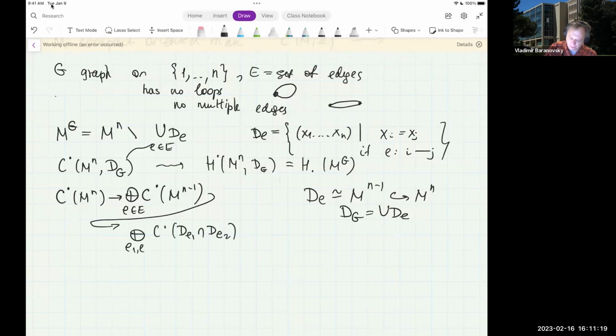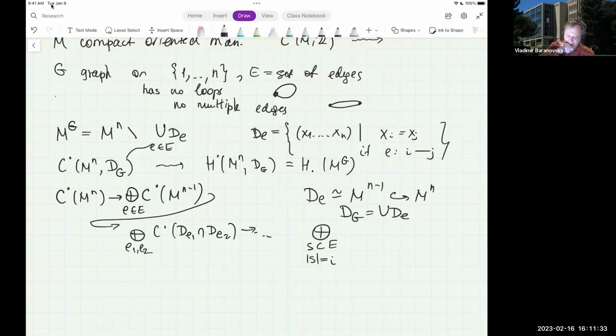And then we want to keep going. In some position I, we would have a direct sum over all subsets of the edges, subsets of cardinality equal to I. And then we would take cochains at this iterated intersection of the diagonals. So we're intersecting DE over all edges in our subset.